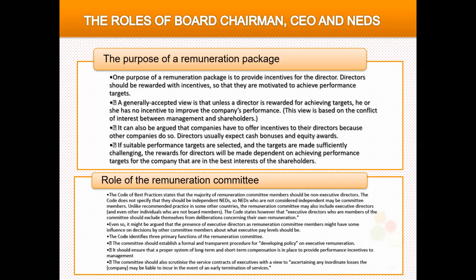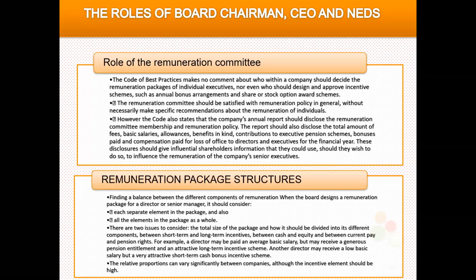So they develop policy on executive remuneration. They also put in place a proper system of long-term and short-term compensation to incentivize management. They also scrutinize service contracts of executives.